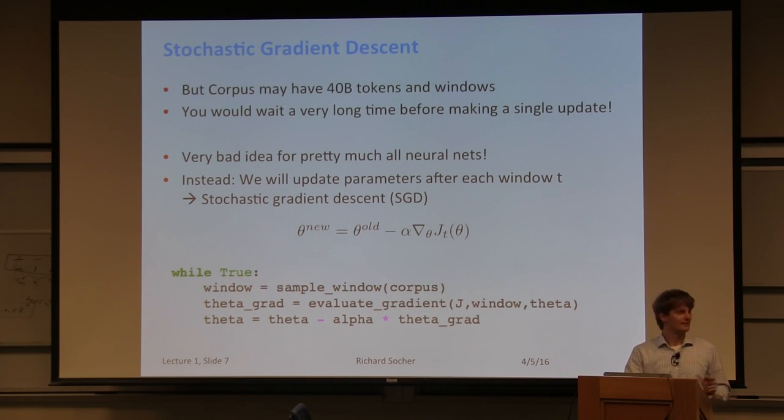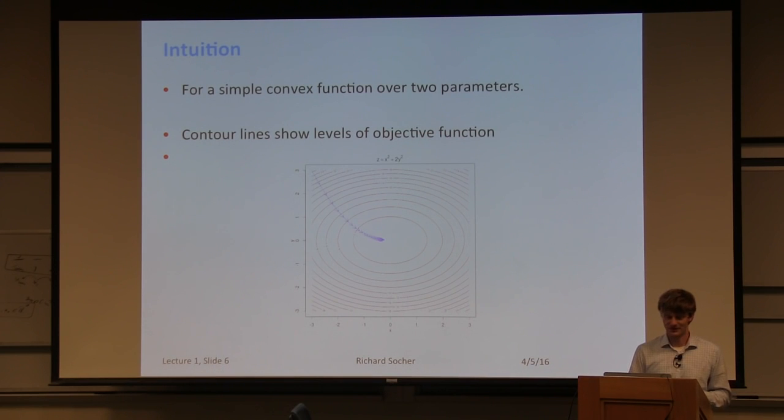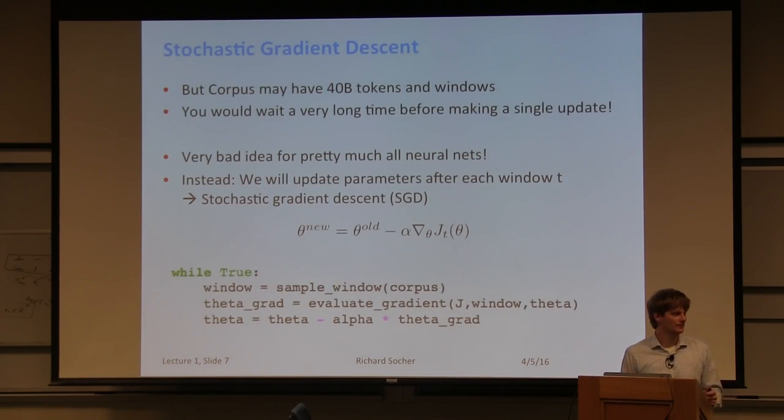Any more questions? Yeah? I'm assuming there's a problem with just initializing to 0? That's right. You do want to initialize to small random numbers. If everything is 0, then in the beginning, you're not going to go anywhere. In some cases, it'll be hard to. So will the gradient become 0 or something?